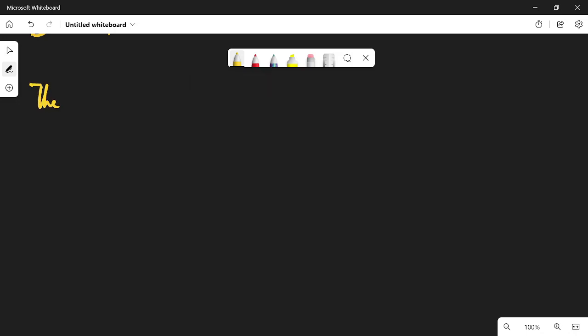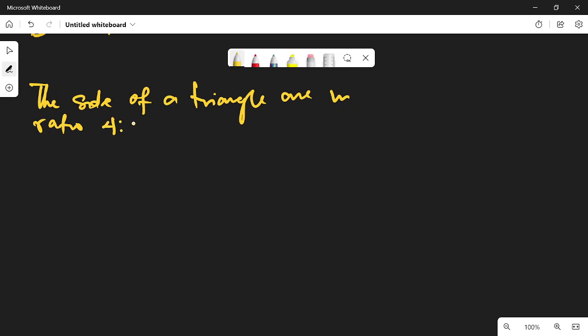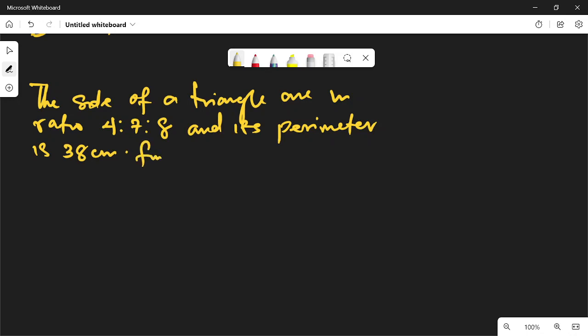We are told that the sides of a triangle are in ratio 4:7:8, and its perimeter is 38 centimeters. So the question states that find the sides.